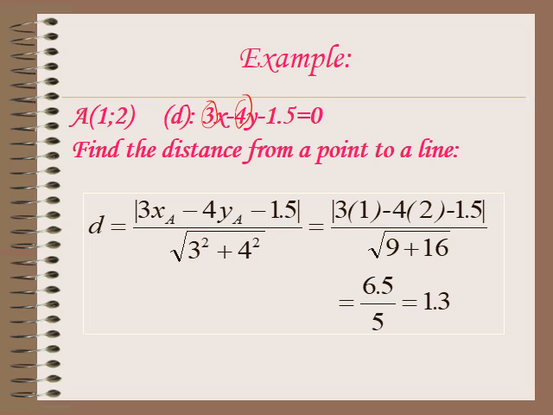X of A is 1, times 3; minus 4, y of A is 2; minus 1.5, all in absolute value over radical 3 square, 9, plus 4 square, 16, equals 6.5 over 5, which is equal to 1.3.